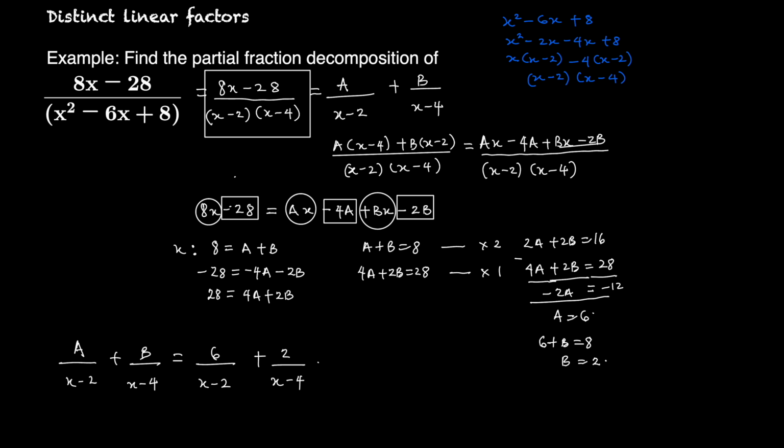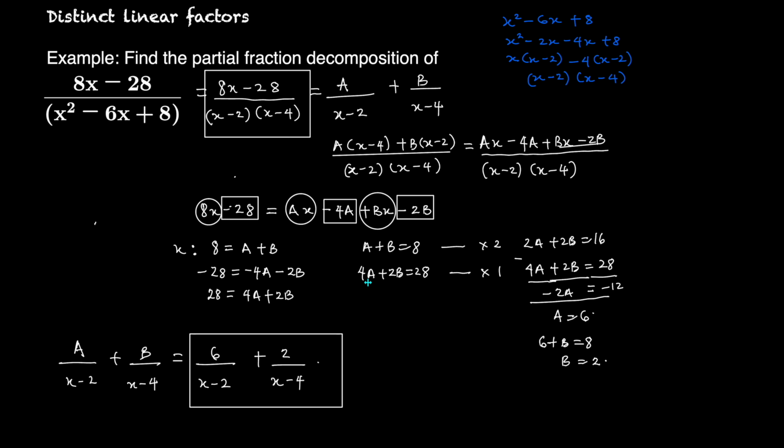Now, while solving problems like this, you can always take your time to check if your partial fraction is the same as the starting single fraction. That is, when you try to simplify this, when you bring it together, it must be the same as 8x minus 28 over this.